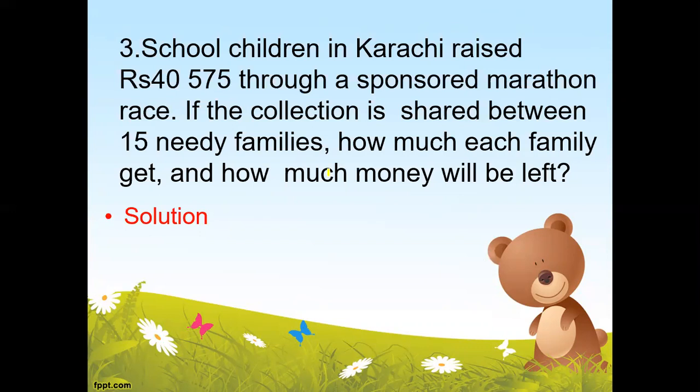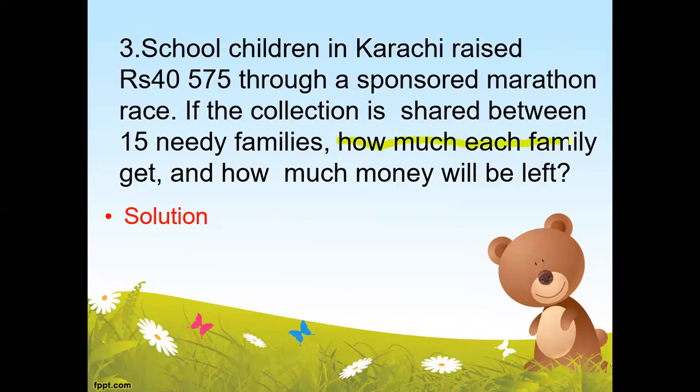Now coming towards our third question: school children in Karachi raised rupees 40,575 through a sponsored marathon race. If the collection is shared between 15 needy families, how much does each family get and how much money will be left? So again, look at this.